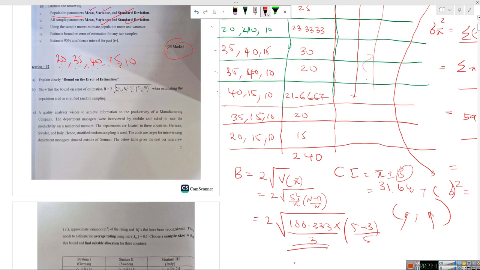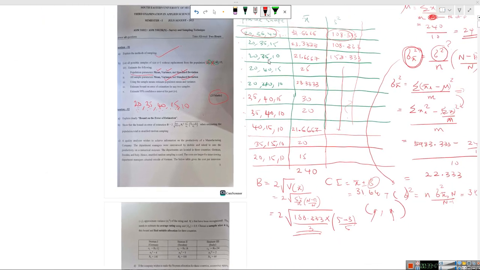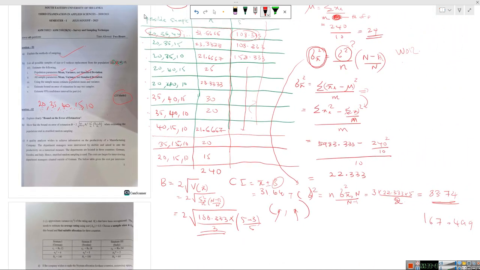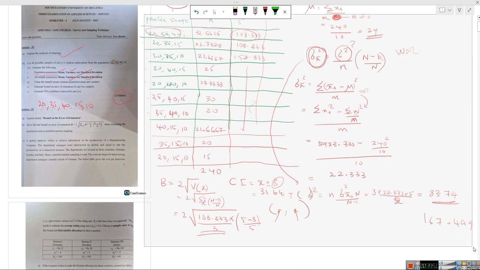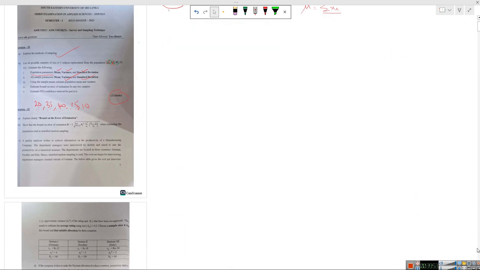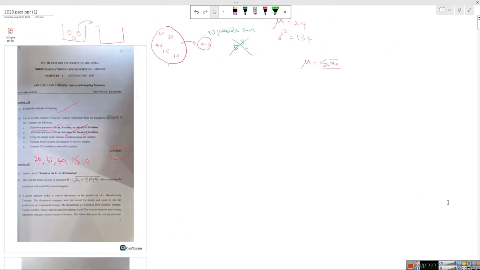Now we will move to the second question. The second question says to explain the bound on the error of estimation. So for this kind of question, how you have to write the answer is the following.